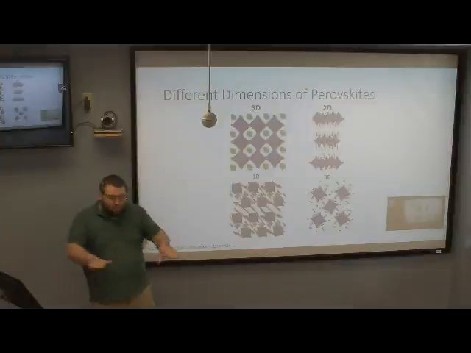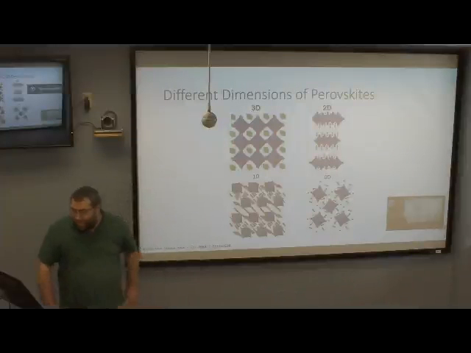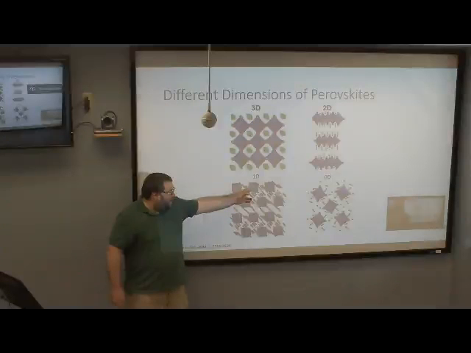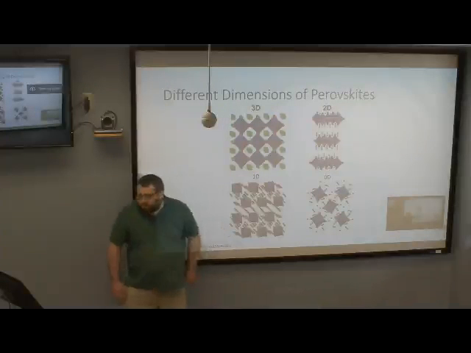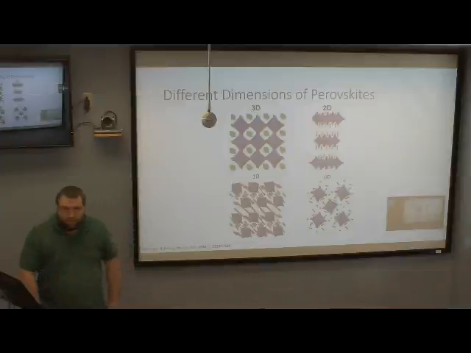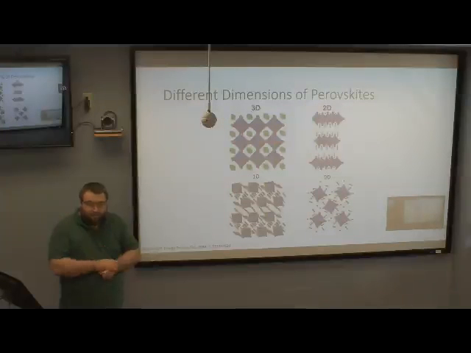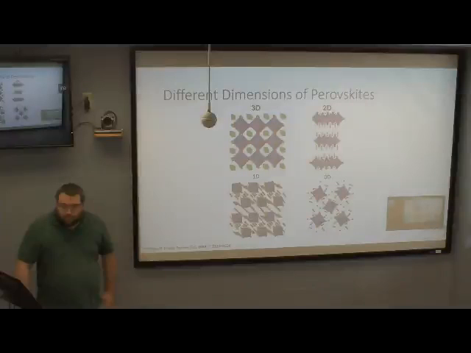The 1D makes little rods and is restricted in 2 dimensions, whereas the 0D is restricted in all dimensions and it's just the perovskite cell surrounded by ligands.